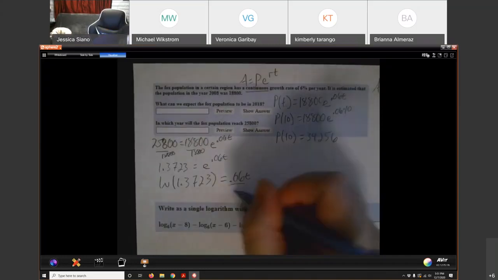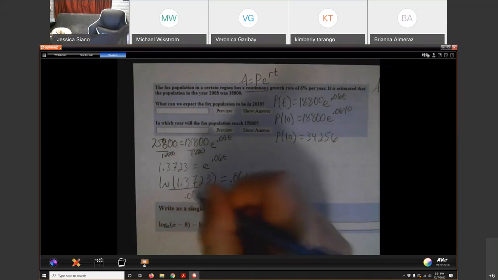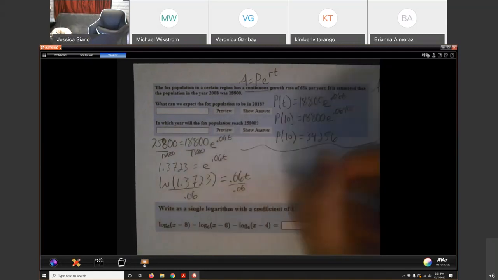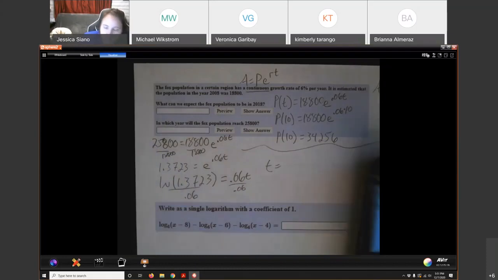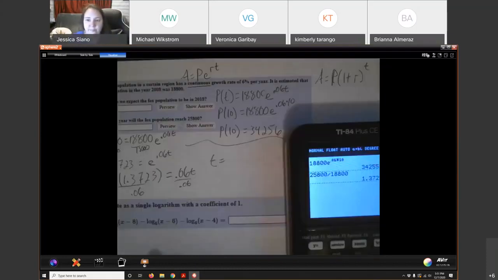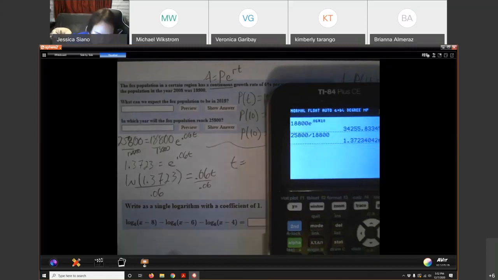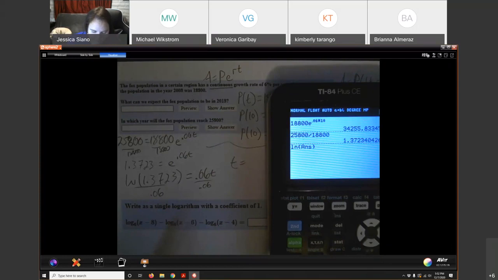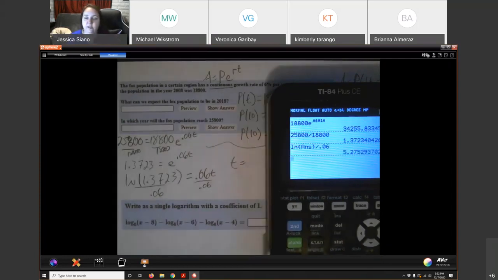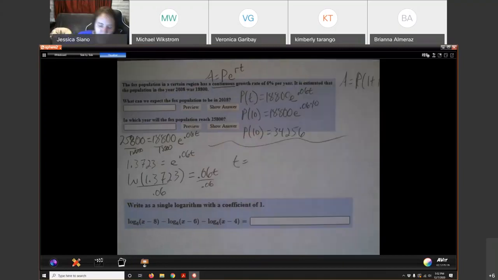Then divide by 0.06. The ln of that divided by 0.06. So this is 5.275 years later.